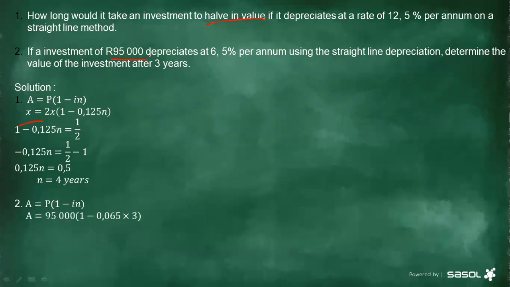The money invested is 95,000. After 3 years, we have 76,475 rand. So this is the amount after 3 years, when the money depreciates at 6.5%.